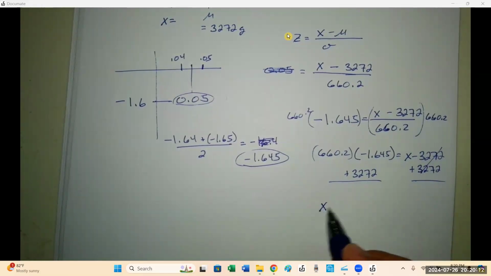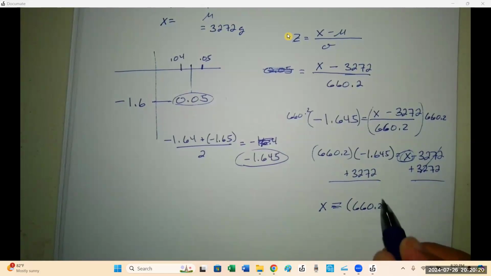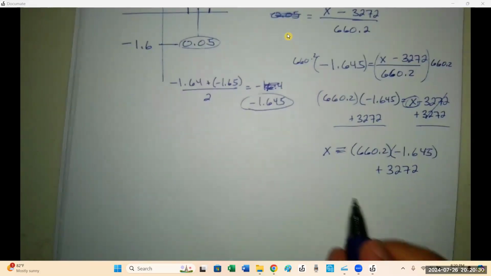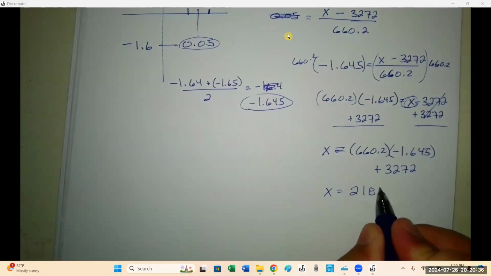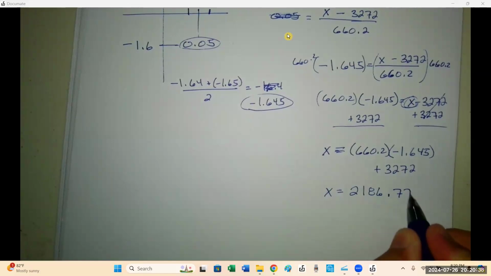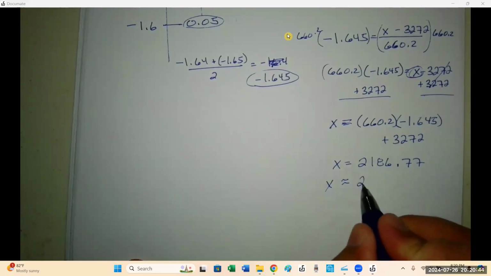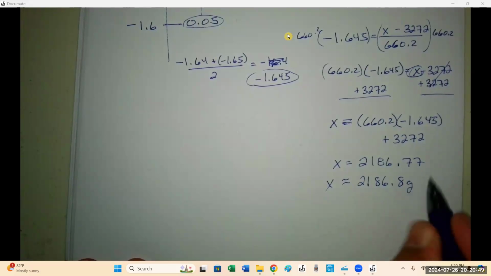Those cancel, so x is equal to 660.2 times negative 1.645 plus 3272. Plugging all that in, we get 2186.77, about 2186.8 grams.